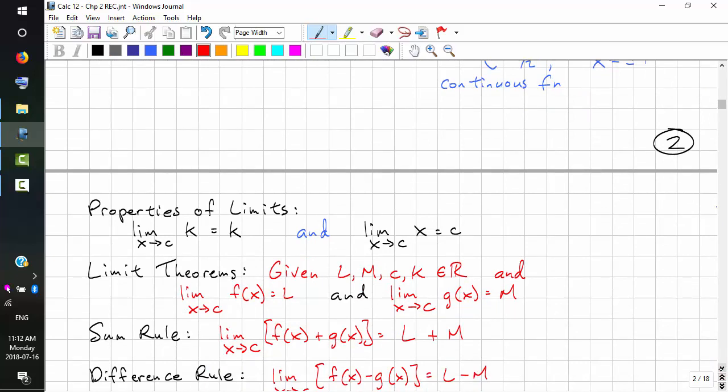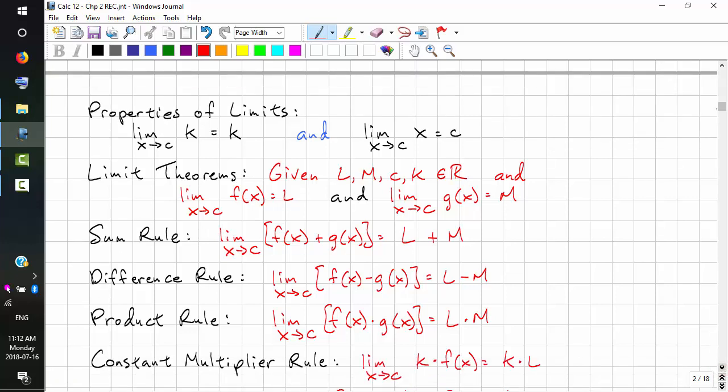Okay, I mentioned limit properties before, and here they are. These are the limit properties we have to use. If we're doing the limit as x approaches c of a constant value, it's just going to be the constant value, because x has no bearing on what happens to a constant value.